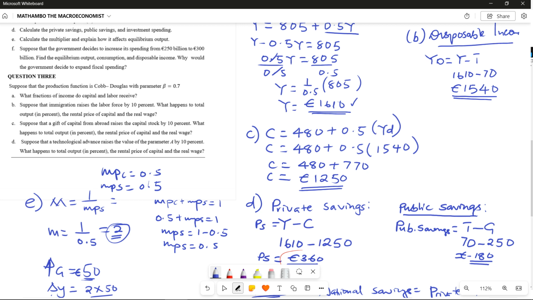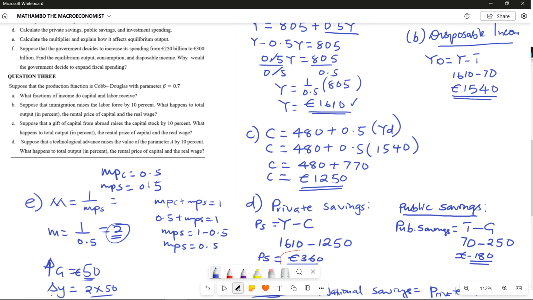Now, expansionary fiscal policy is undertaken to increase aggregate demand and aggregate output. But why? The purpose is to boost economic growth, right? Because when there's an increase in government expenditure, people have more money, and then there's a cycle: one person spends, the other person spends, the other person spends. So the impact will be more than the increase.